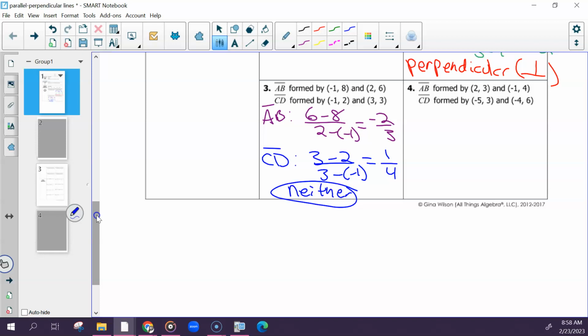If the numbers are flipped, but one isn't negative, those aren't perpendicular, so still neither. If the numbers aren't flipped, but one is negative, that would be similar to the not parallel, but that would still be a not perpendicular, so still neither. So keep in mind those things.